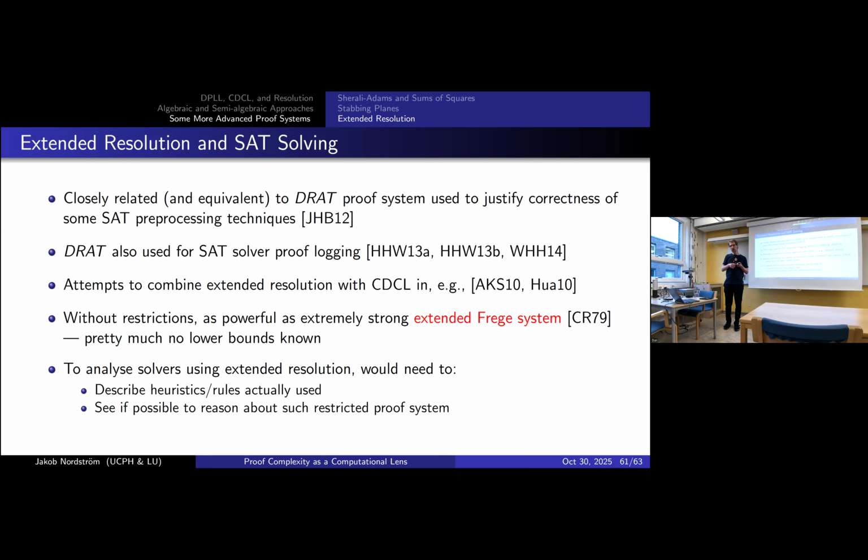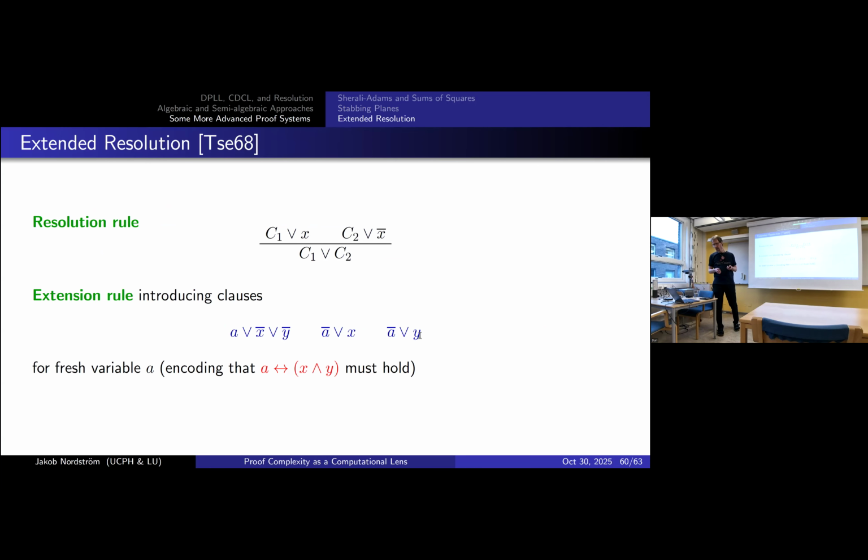So somehow, if we wanted to analyze SAT solvers with preprocessing, we cannot use full extended resolution. We would somehow need to pin down some more restricted version of extended resolution and analyze what resolution with this restricted form of extension does. How would we do this? I don't know. And unfortunately, I think it's hard to do because introducing new variables, exactly as I showed here, is in fact one of the things that SAT solvers will sometimes do.